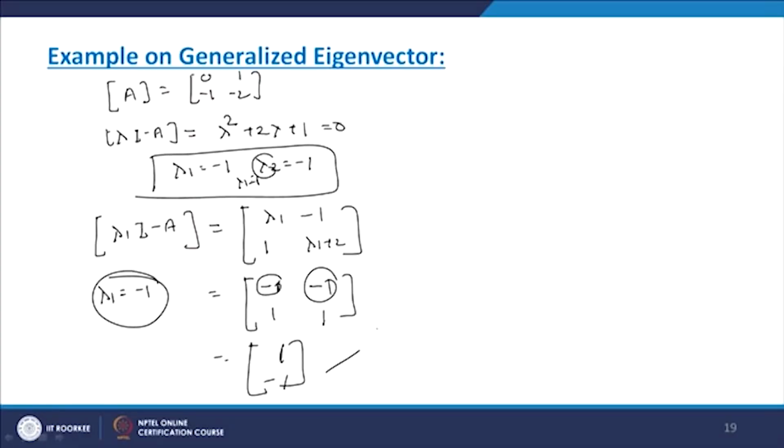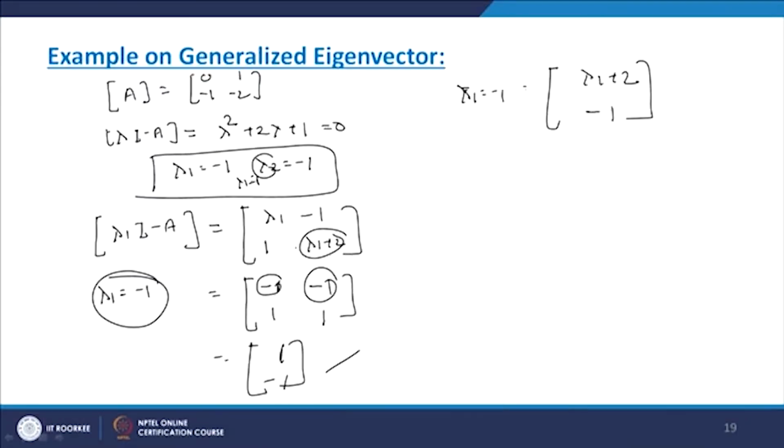Now, the problem is that we want to determine the eigenvector for the other one. So for lambda 1 equals minus 1, the cofactor for this is lambda 1 plus 2 and the cofactor for this minus 1 is minus 1. That means for lambda 1 equals minus 1, by the conventional method we have got it, but to get the eigenvector for the other lambda 1 which is also minus 1, I have taken lambda 1 plus 2 and for this minus 1.